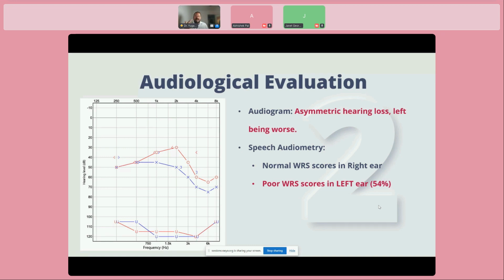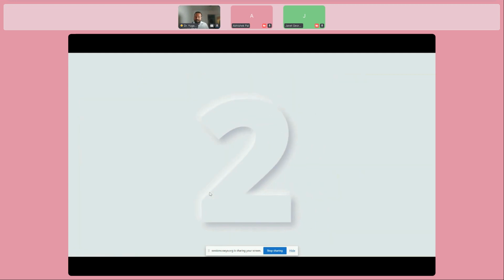You'd be amazed at the difference you can contribute to differential diagnosis. So there is asymmetrical hearing loss and speech audiometry is definitely worse. There was a poor WRS score of only 54% on the affected side. Again, a red flag, right?